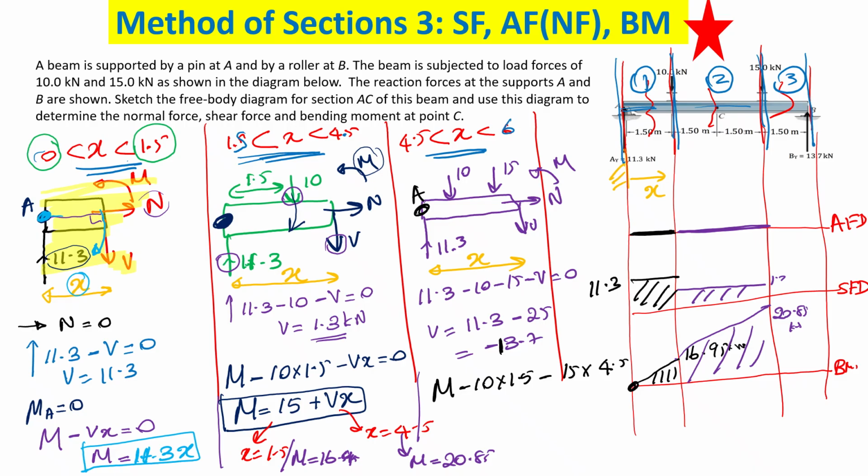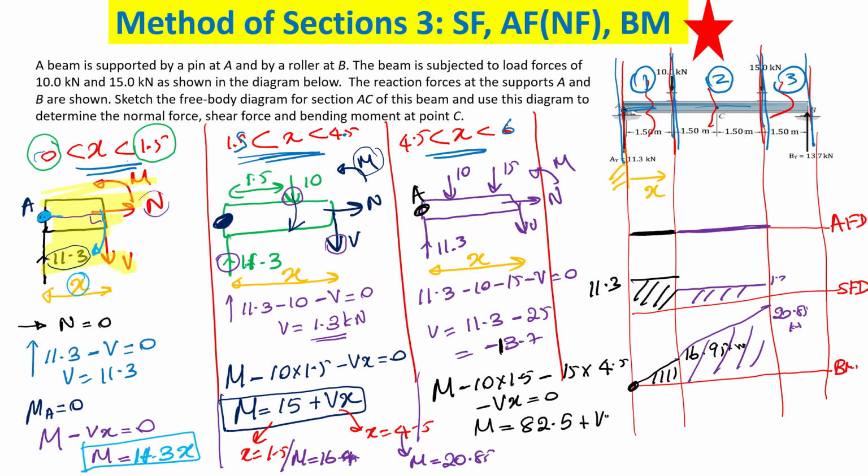25 minus 11.3 is 13.7. Yes. And then you have minus Vx is equal to 0. So now you can make M the subject. You have 82.5 plus Vx.